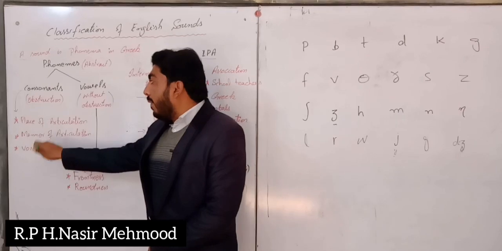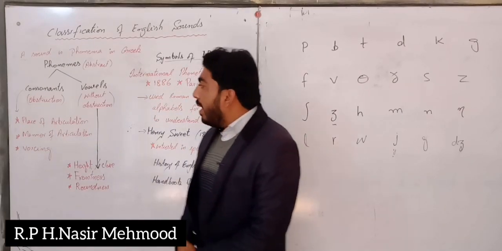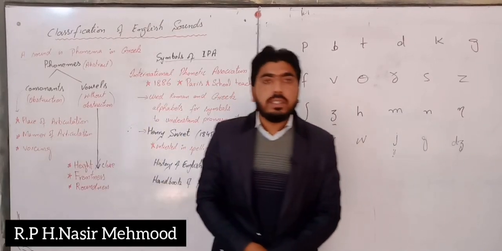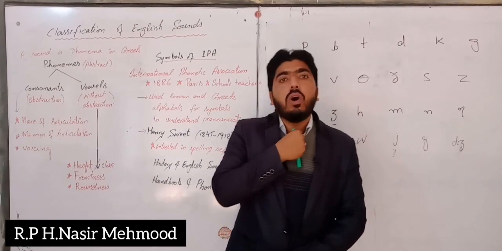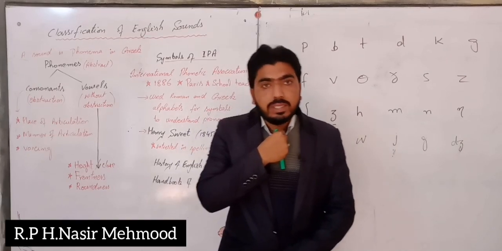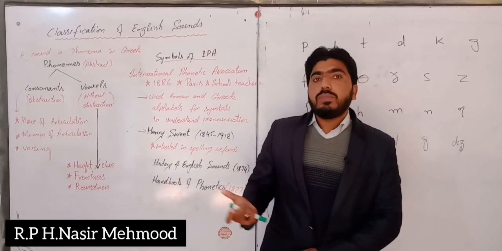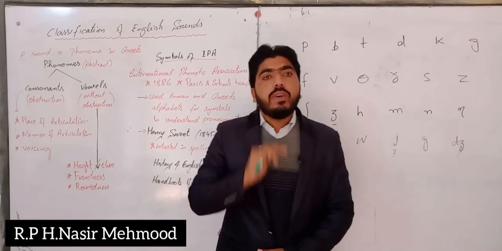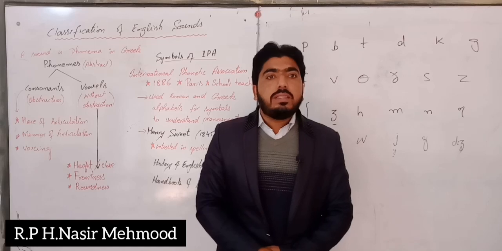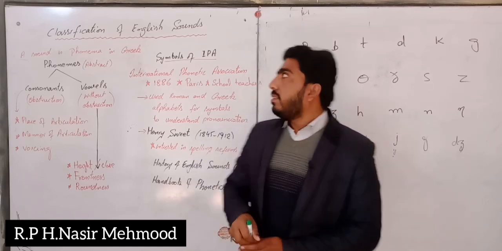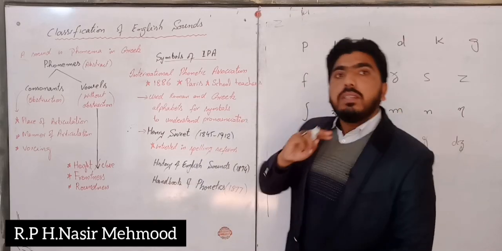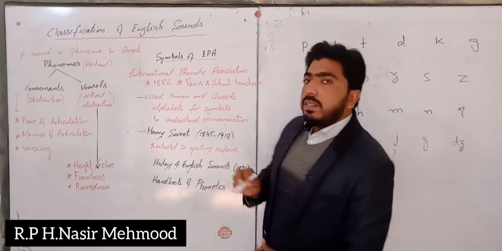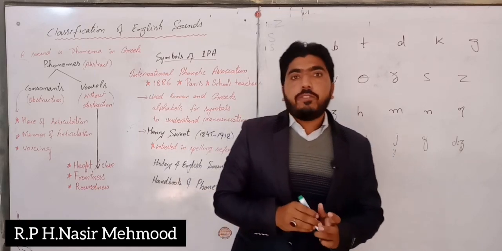We'll discuss manner of articulation and place of articulation in a different video. But here we see another level on which we can describe consonants, that is voicing, which deals with the vibration of vocal folds. When we pronounce some sounds, there is vibration in the vocal cords. For example, if I pronounce the sound z, and if I pronounce this one, you can feel the difference, right?